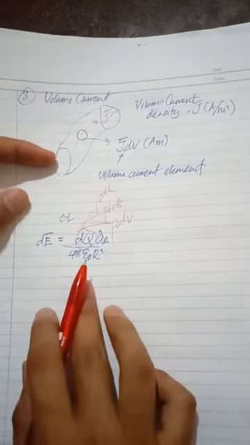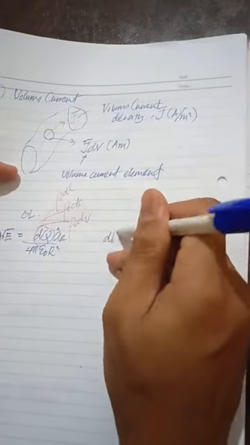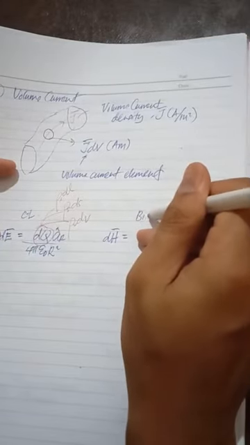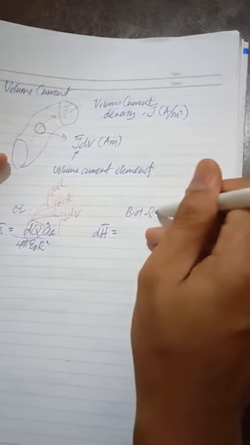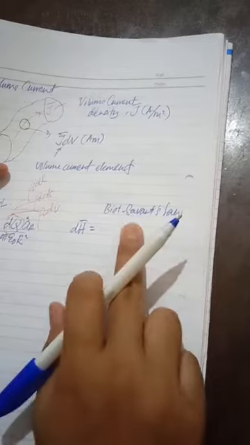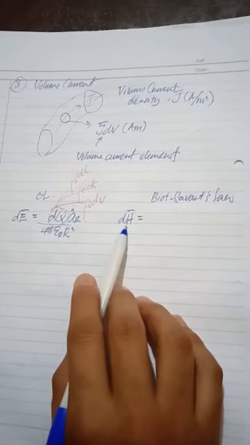Okay, now the same thing goes to the new law that we're going to deal with now. Actually, the law here to find the dH, actually we name it as Biot-Savart's law. Alright, this is called a BSL. So if you see from the structure of Coulomb's law equation, you can see the same pattern but slightly different.